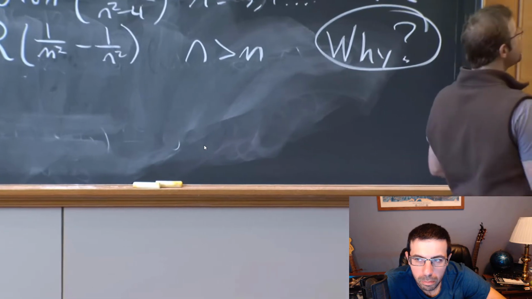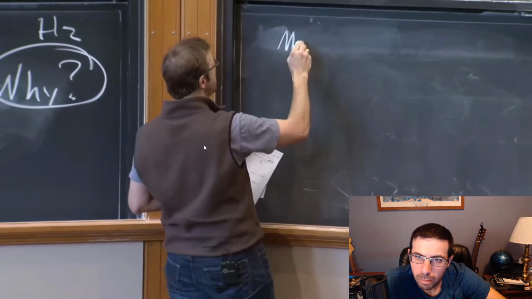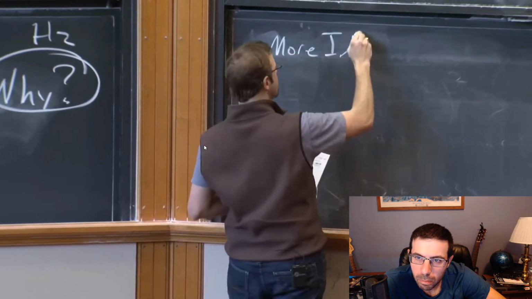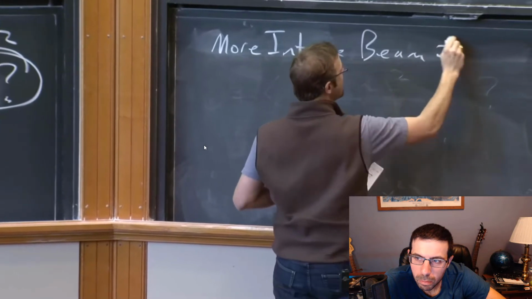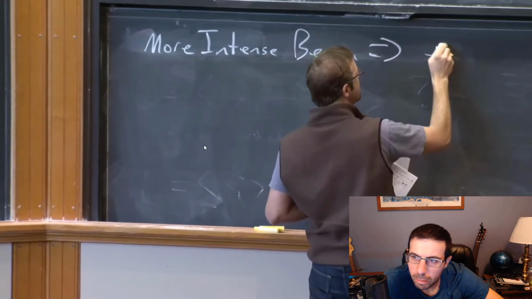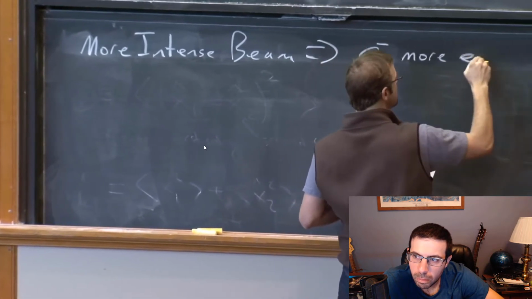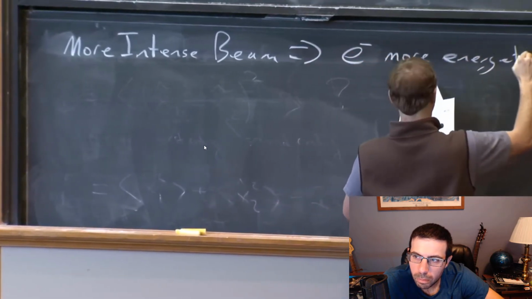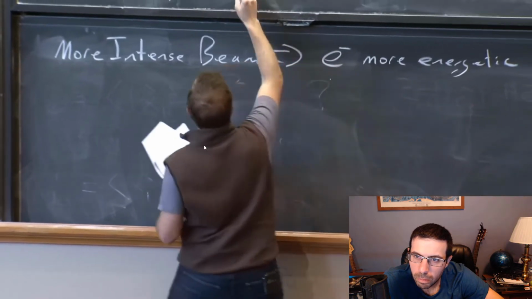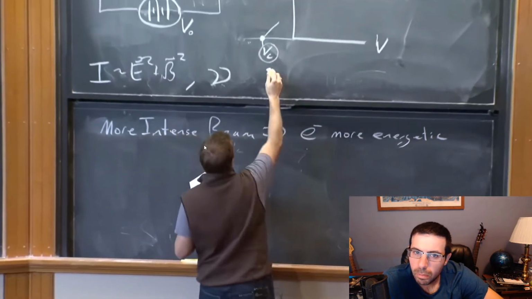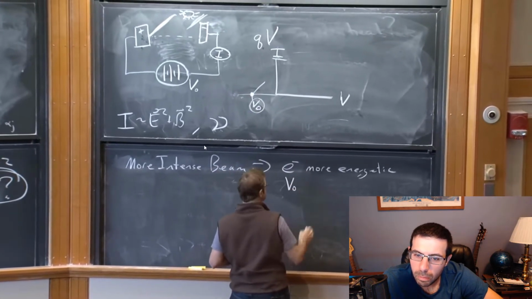So the expectation here is the following, that if you have a more intense beam, then the electrons coming off should be more energetic, because you're hitting them harder. And remember that the potential, which I will call V0, the stopping voltage. So therefore, V0 should be greater in magnitude.